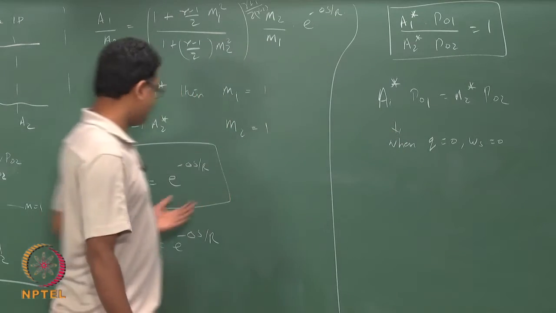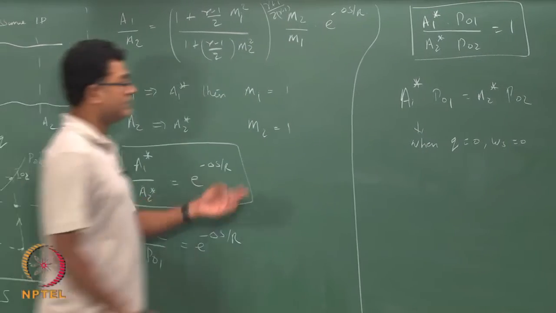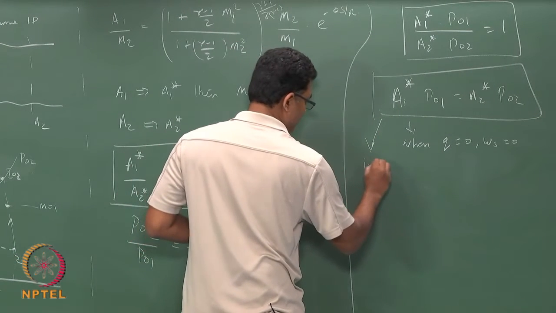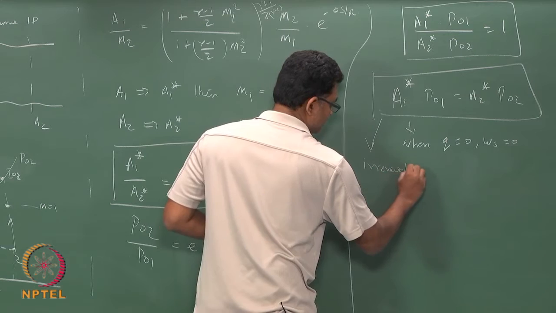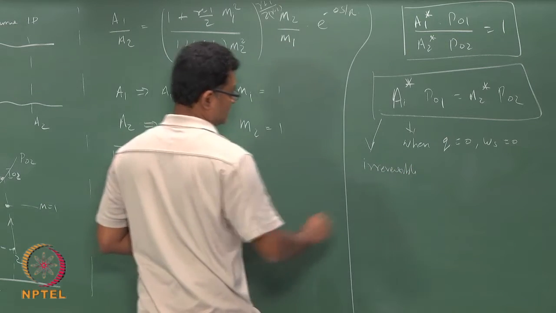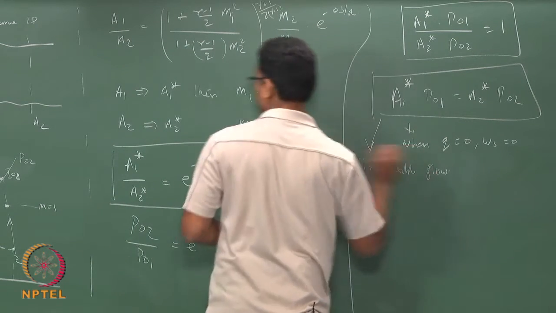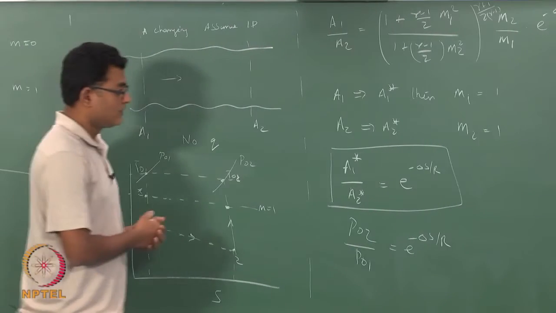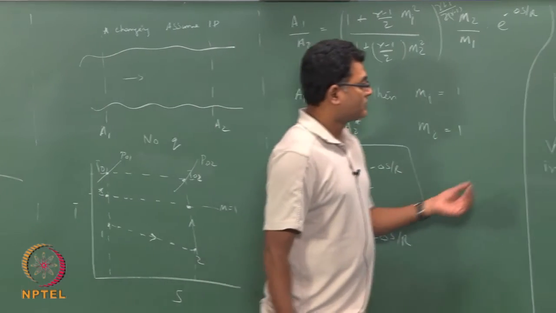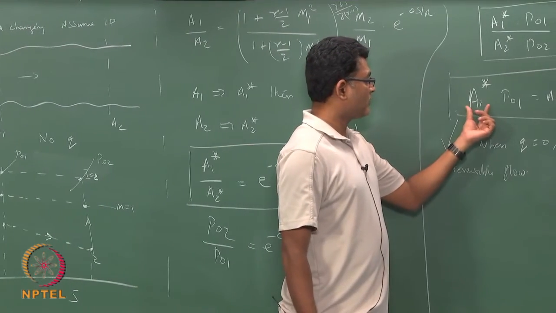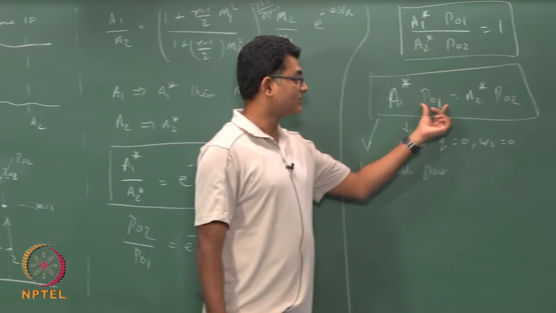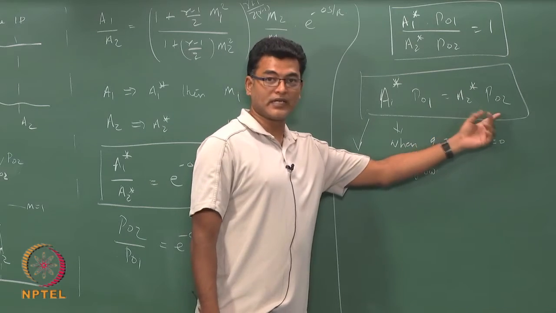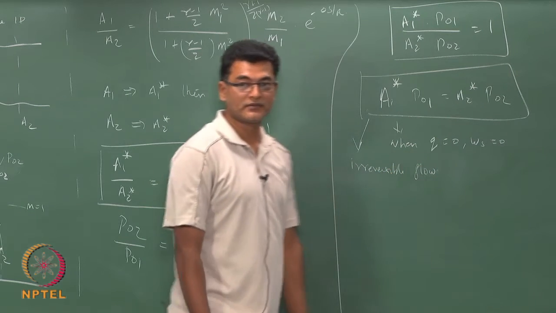So, there is irreversibility associated with this even when we write this relation. So, this is also applicable to irreversible flow. So, my A star value at location 1 and the stagnation pressure at location 1 is related to another point in this particular fashion.